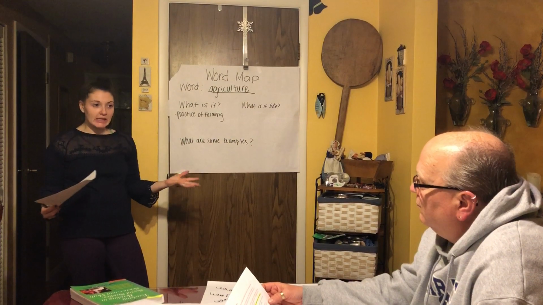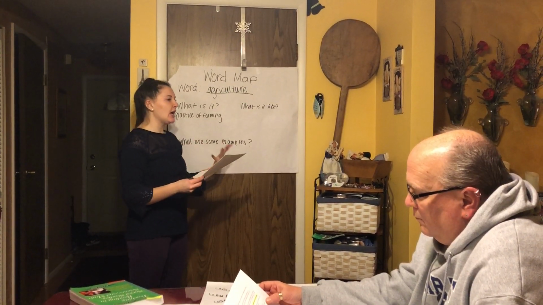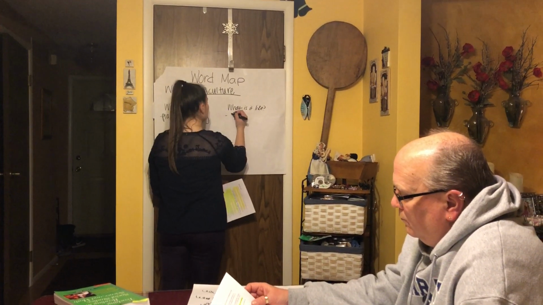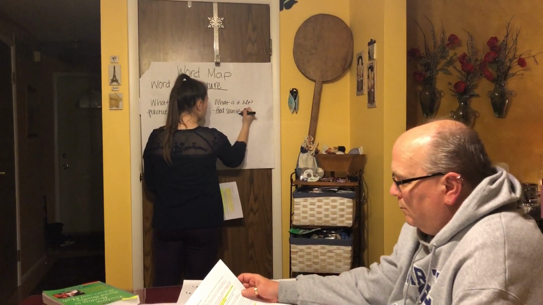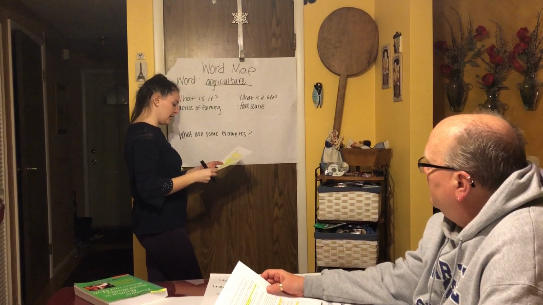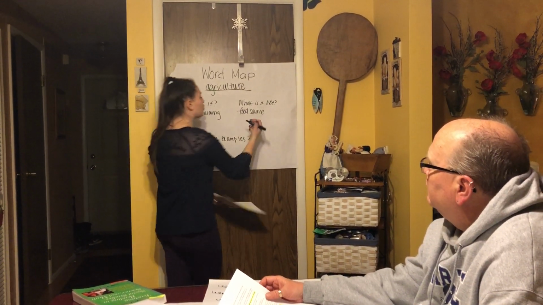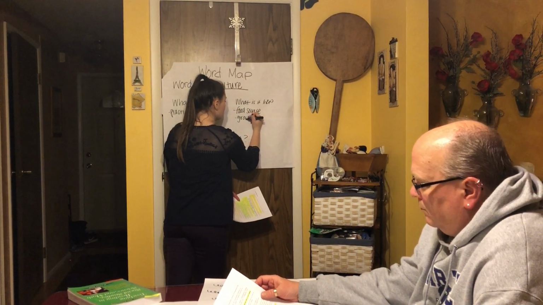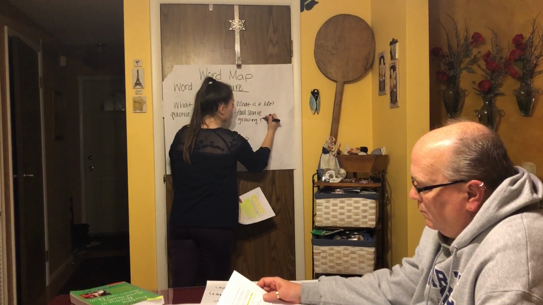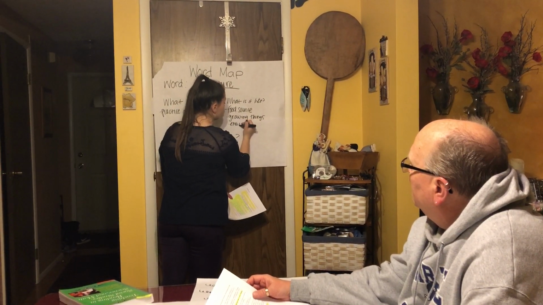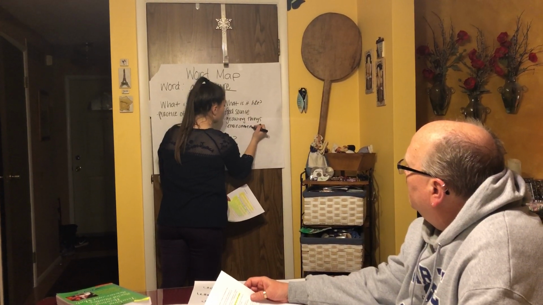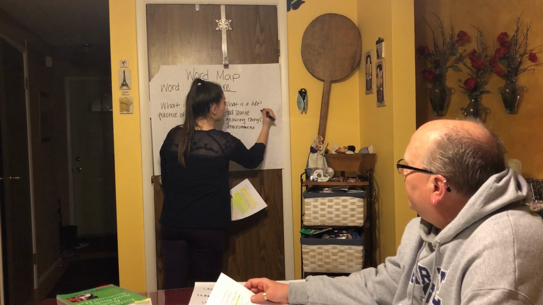What is agriculture like? So to me, agriculture is something, it's like a food source. It can be something where things grow. Growing things. It involves the environment. It can be a way to make money, like business.